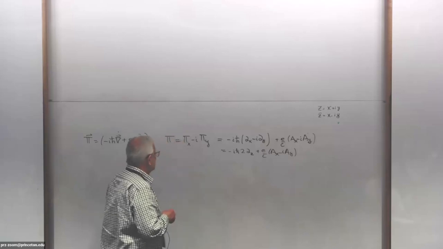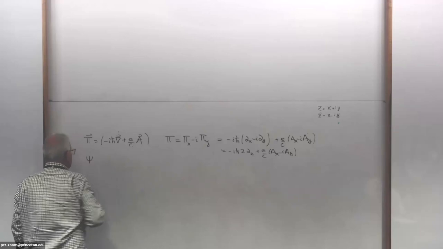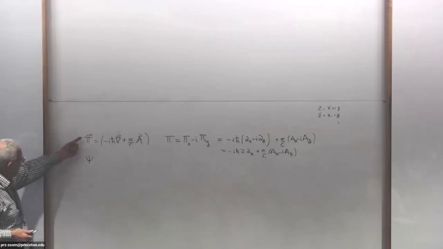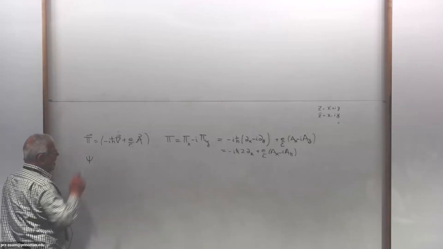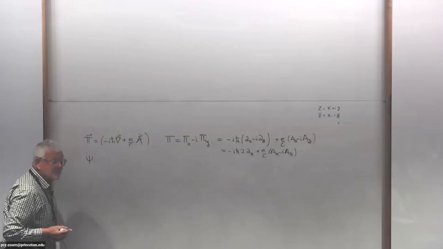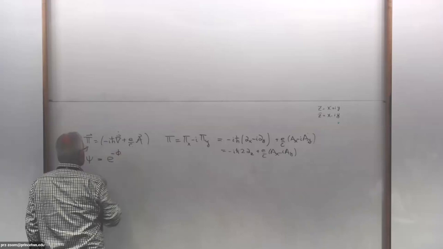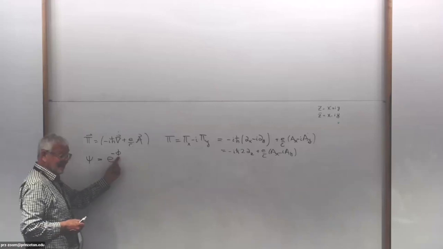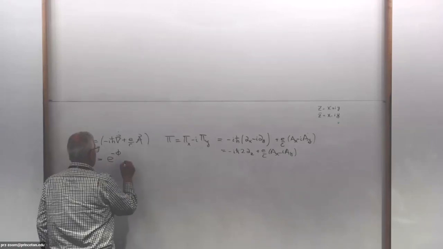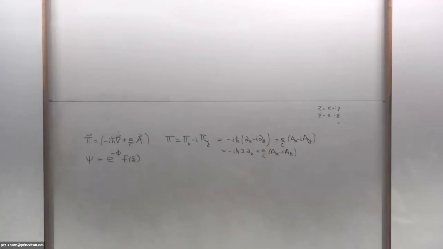And so that suggests that we look for states, wave functions annihilated by pi, which have a form that exploits this property. So let's write the wave function as e to the minus some unknown function phi, times a function that's independent of z and depends only on z bar. That making sense?